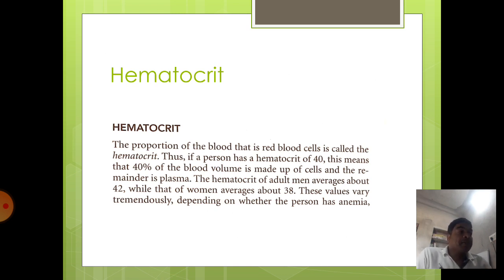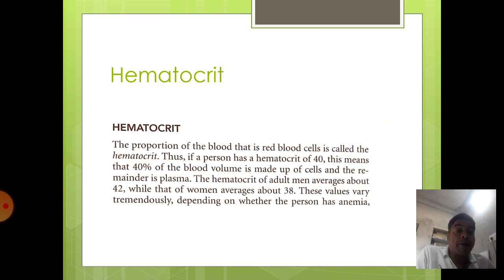Hematocrit, the portion of the blood that is red blood cells. The portion of the blood that is red blood cells is called hematocrit. Thus, if a person's hematocrit is 40, this means that 40% of the blood volume is made up of cells and the remainder is plasma.